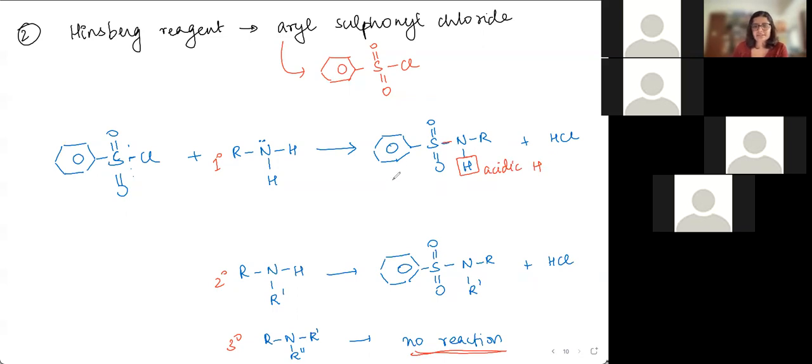Which means the compound formed with primary amines is soluble in an alkali, a base, like NaOH, KOH. But in the case of secondary amine, this will not be soluble in a solution of NaOH, KOH. So it's insoluble in alkali because there is no acidic hydrogen present in this.